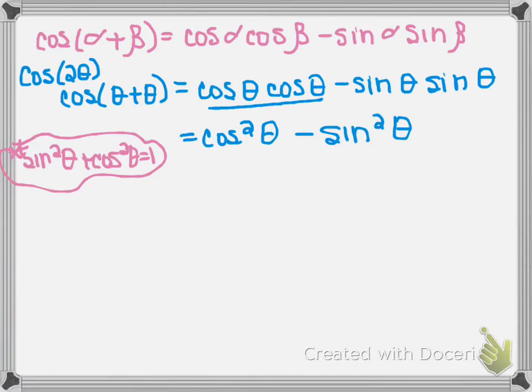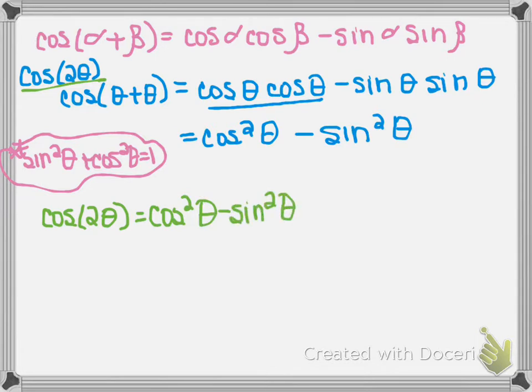So, right this minute, I've got cosine of 2 theta, because that's from here, equal to cosine squared theta minus sine squared theta. And suppose I just want that in terms of cosine. I can go right here where it says sine squared theta, and I can use this one to substitute in.